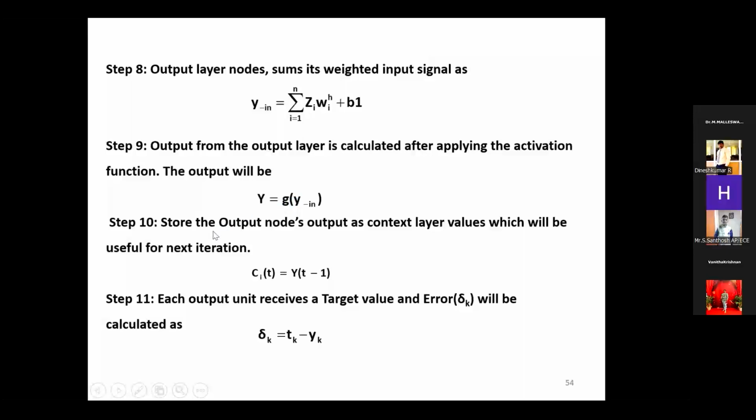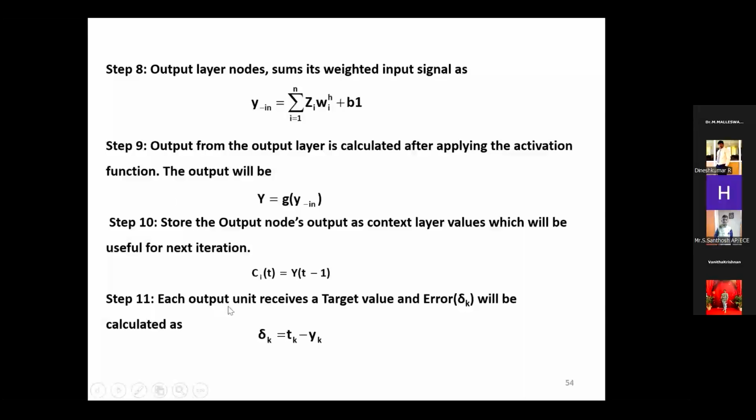Now, the output node gives a context layer value, which will be useful for the next iteration. The purpose of the context layer is to reduce the burden of your hidden layers and to smoothen the process speed with minimum complexity. Okay.